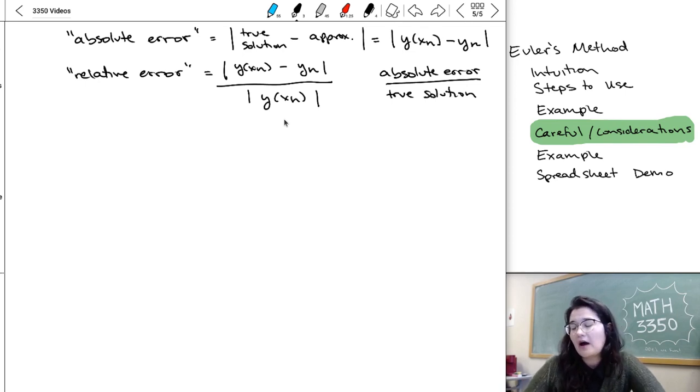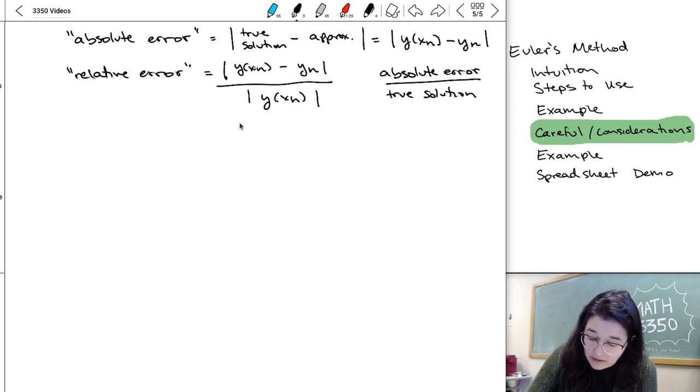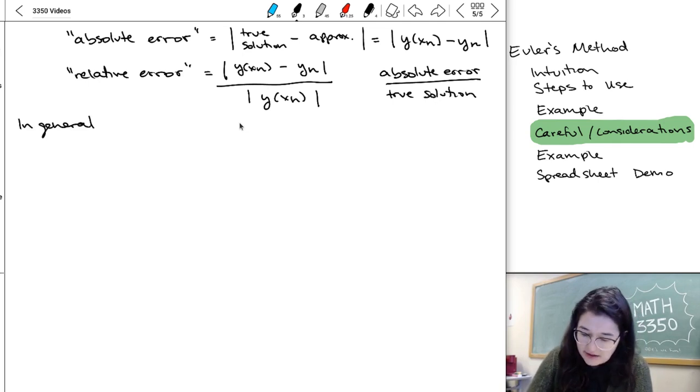If you're counting students in your dorm room and you're off by 1, that's less great, which is why we would care about relative error. And in general, but this is a big caveat, there are exceptions, smaller step sizes, h, are going to lead to smaller error.